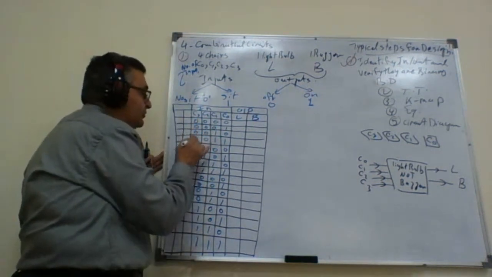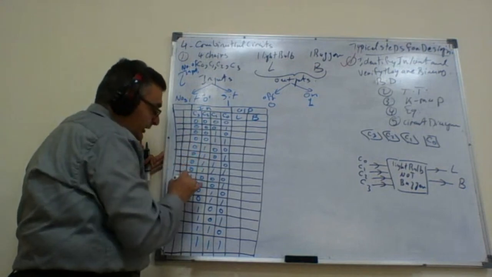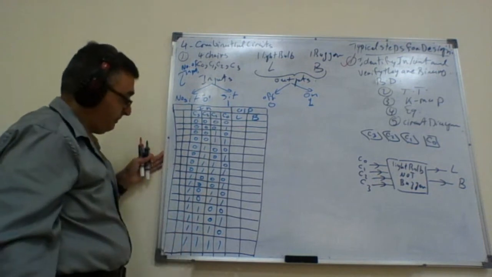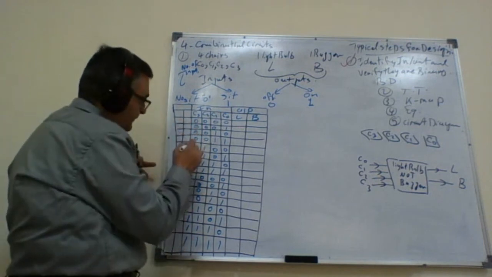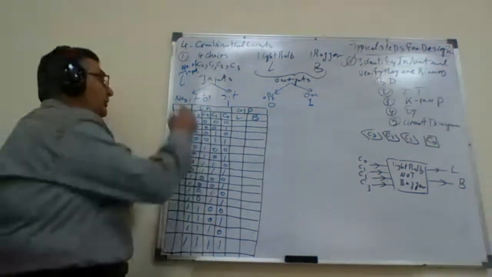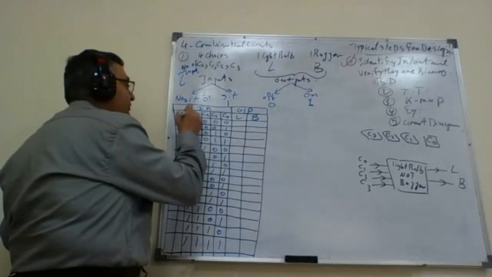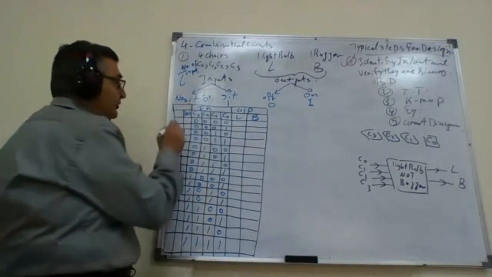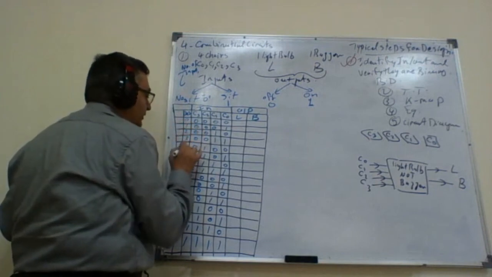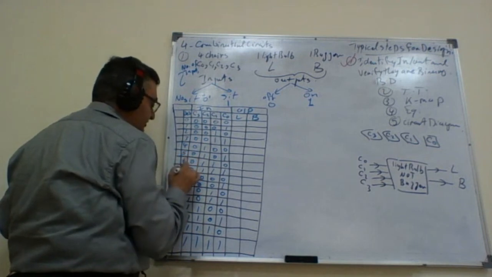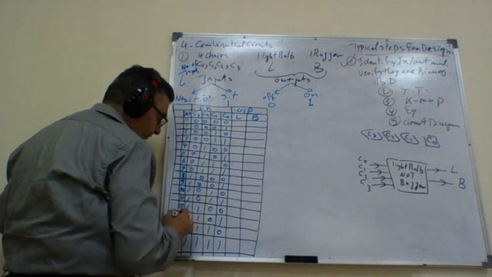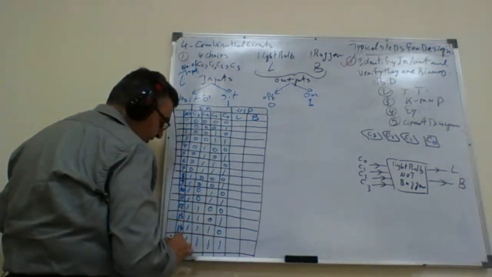Finally, 8 zeros and 8 ones. Great. We can also put here the designator. The designator is just chronologically 0, 1, 2, 3, and so on up to 15.